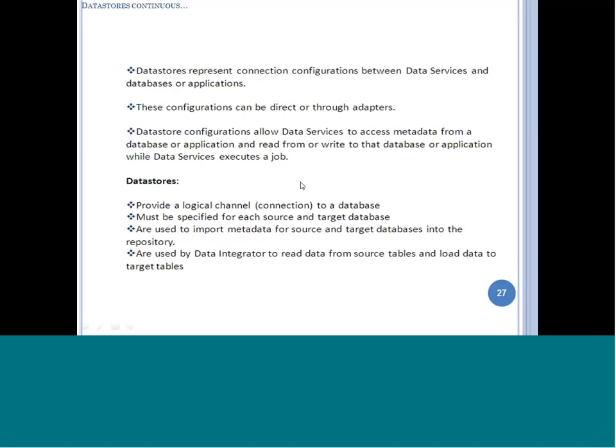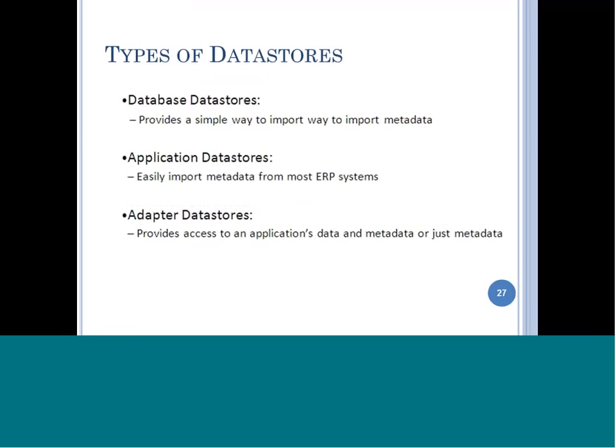All these are possible. Similarly, an application means SAP ECC is one application, Oracle Apps is another application, Siebel Analytics is another application. For each and every type of application, we have a datastore.